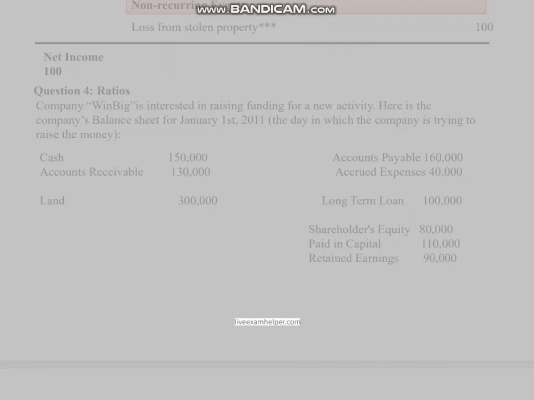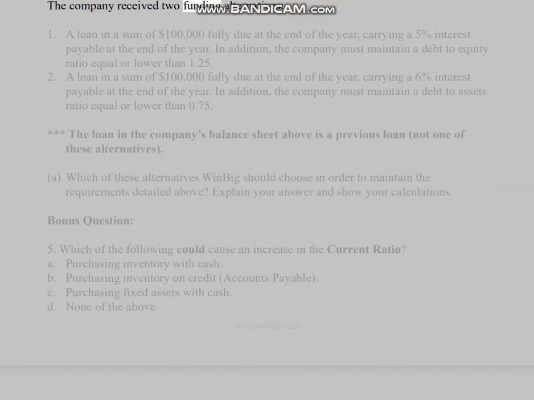The company received two funding alternatives. 1. A loan in the sum of $100,000 fully due at the end of the year, carrying a 5% interest payable at the end of the year. In addition, the company must maintain a debt-to-equity ratio equal to or lower than 1.25. 2.